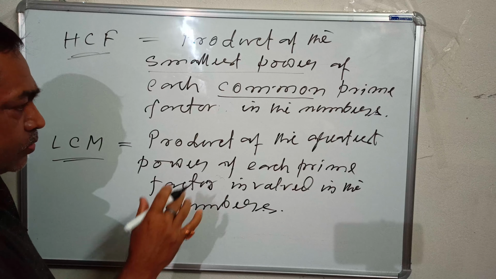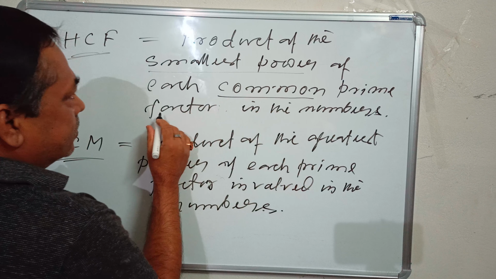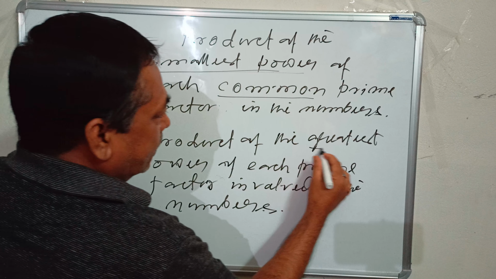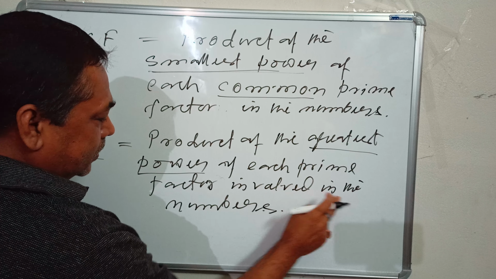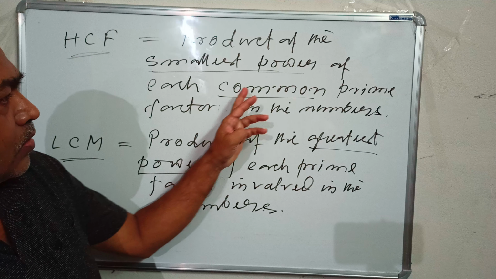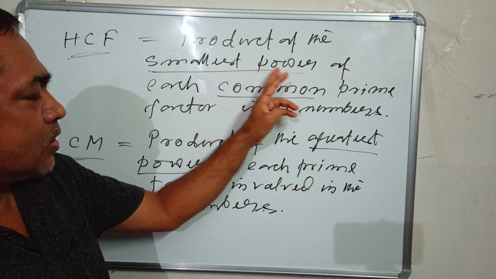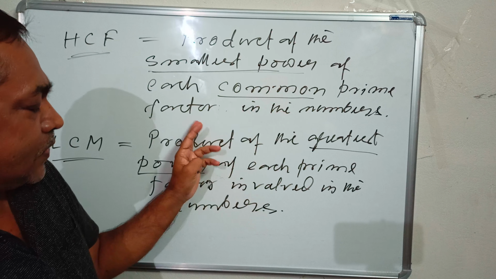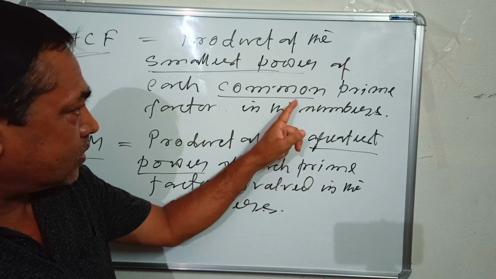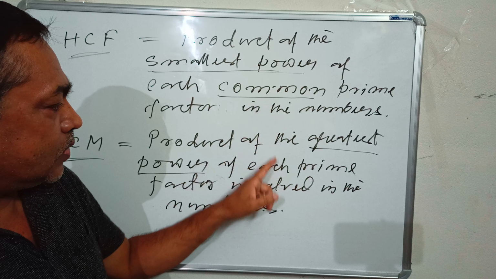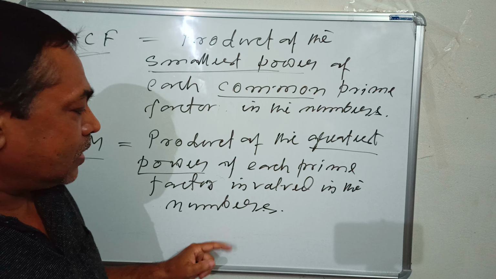Now LCM, lowest common multiple. What will be the LCM? It is the product of the greatest power of each prime factor involved in the numbers.